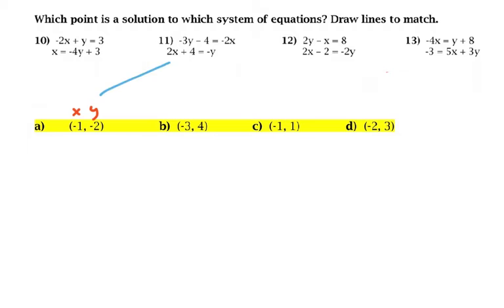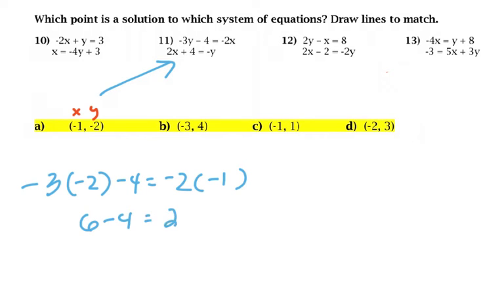So moving on to number 11, negative 3 times y minus 4 is equal to negative 2 times x. So that's 6 minus 4 equals positive 2. That works. So now I have to check the second equation. 2 times x plus 4 equals negative y.